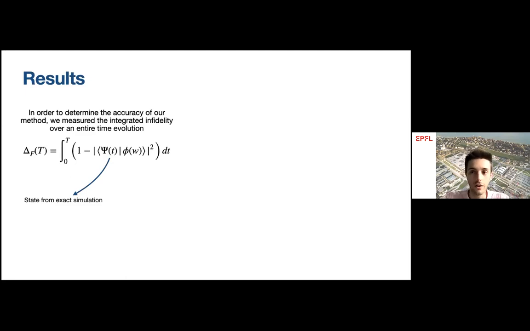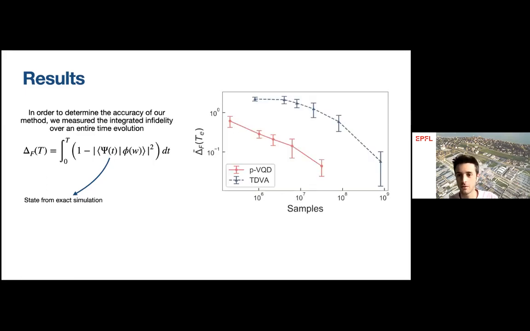We measure the overlap with the exact time-evolved system using a classical simulation algorithm, because this is basically an 8x8 matrix, 3 spins, so it's very easy to do on a classical computer. We calculated the overlap and integrated over all the time steps, and we did it both for our algorithm and for the previous time-dependent variational algorithm.